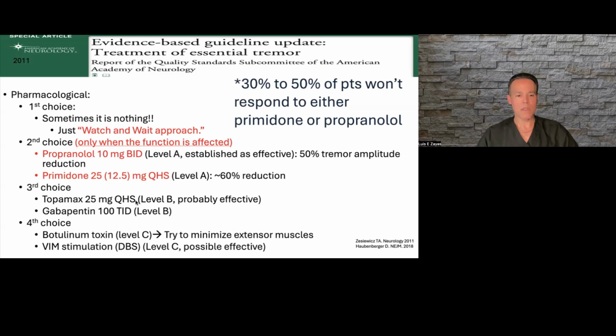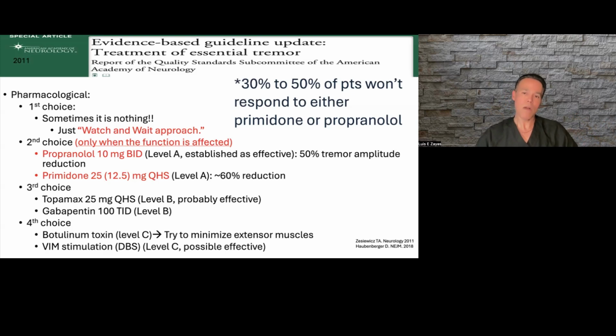Many patients require at least 100 milligrams of Topamax to see something, okay? If they are able to tolerate it, and many times they are not able to tolerate Topamax, because remember, essential tremor gets worse when you get older, so those patients are more susceptible to cognitive issues from Topamax.